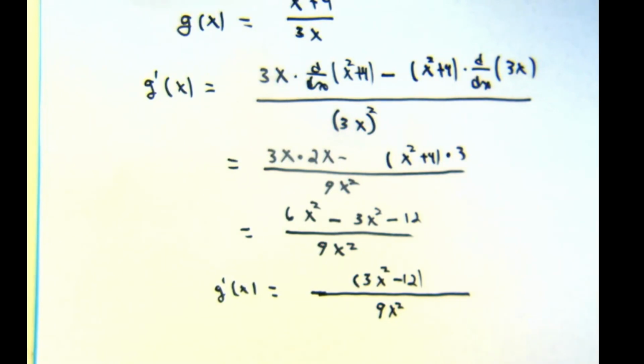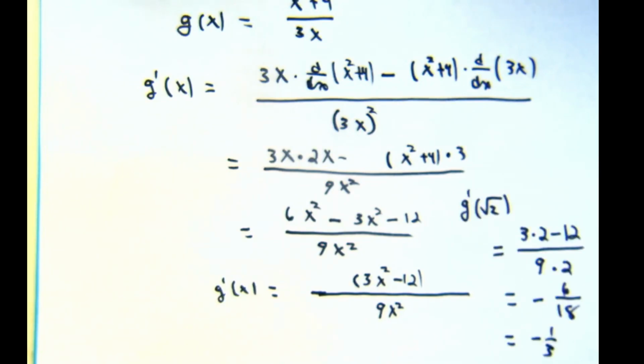Firstly, I want to look at the value of this derivative at the positive fixed point at x equals radical 2. At such a place, x squared will just be 2. Right at the fixed point that we're trying to find, the value of g prime is negative 1/3.